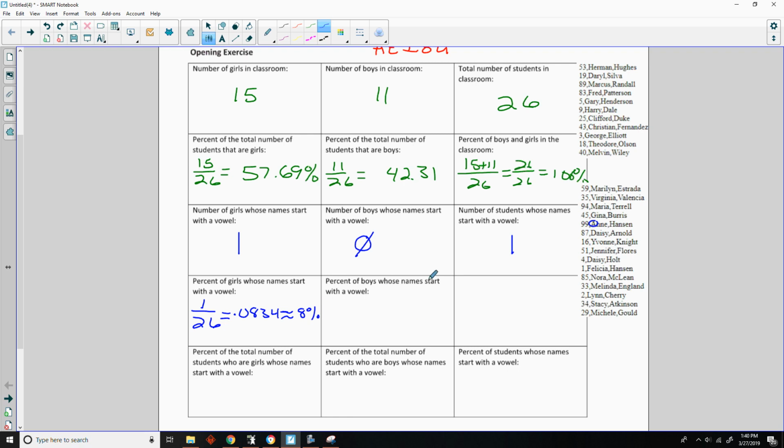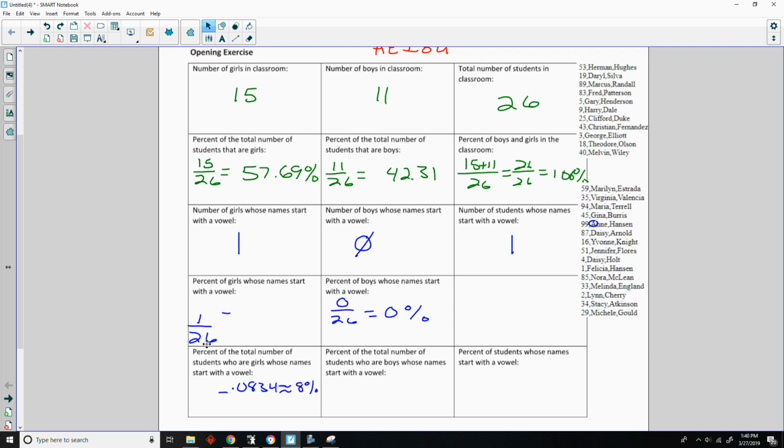Percent of the boys whose names start with a vowel. Well, that's 0 out of 26. That one's easy. 0%. Percent of the total number of students who are girls whose names start with a vowel. Percent of girls. Oh, okay. Well, guess what? This goes down here. I read that wrong. My apologies. If you have already copied this, just draw arrows.